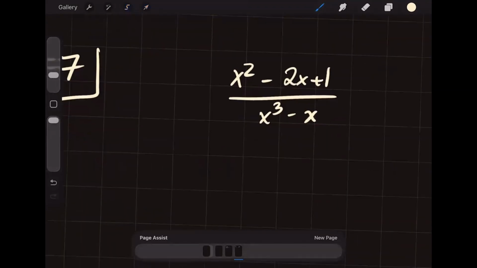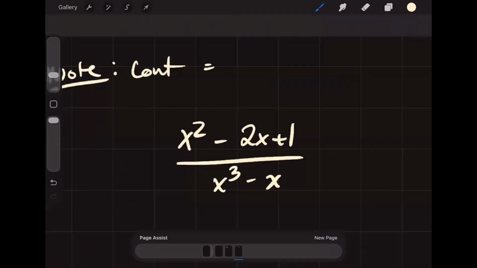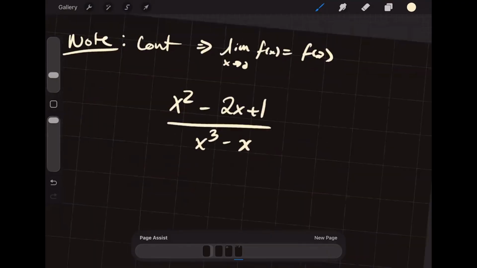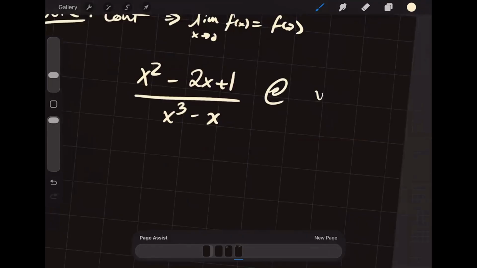Note that continuity implies the limit as x approaches a from both sides of f of x is equal to f of a. A lot of you just check for this, which is fair enough, but I was fully hoping you would do this part too. We want this at x equals 1.